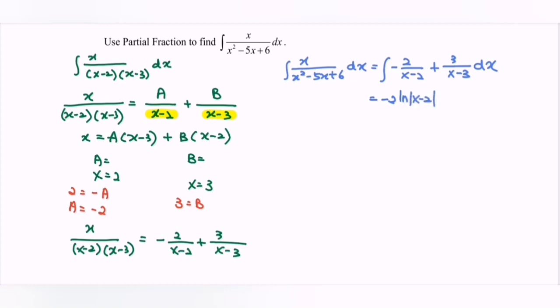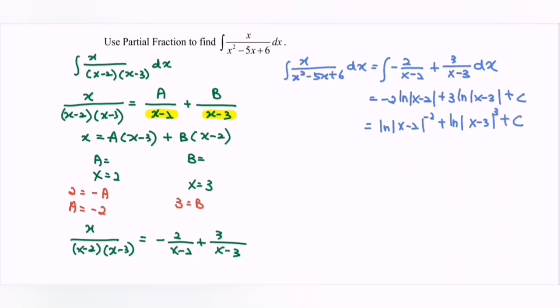Do remember to differentiate the internal function. Plus 3 ln of (x minus 3) over 1 plus C. You may rewrite or simplify the situation: ln (x minus 2) to the power negative 2 plus ln (x minus 3) with power 3, plus C.